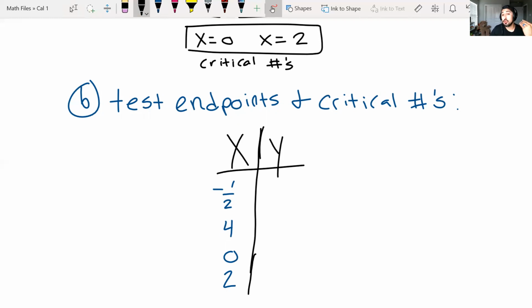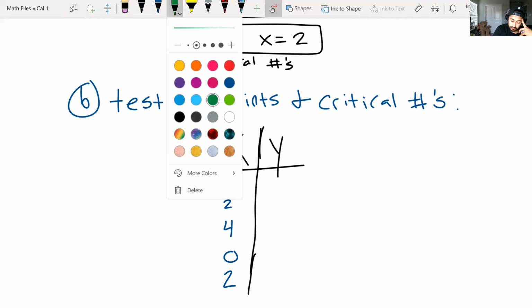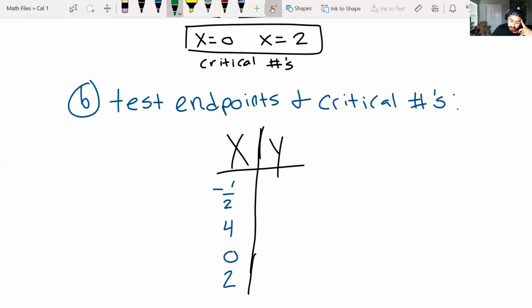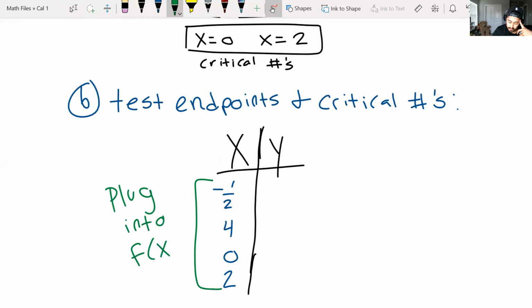Okay, so we're looking for an absolute maximum and minimum of the original function. So you are going to take all these values and plug them into f of x, because we're looking for max and minimums on the original function, not on the derivative.